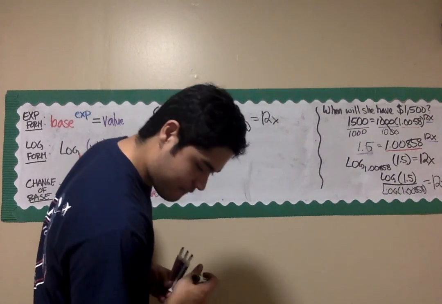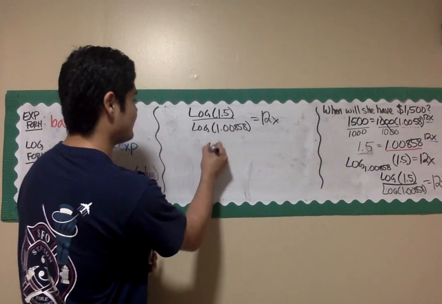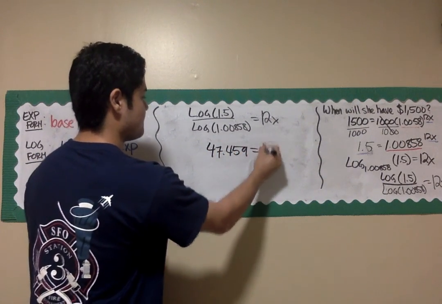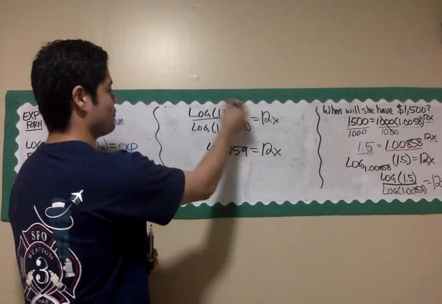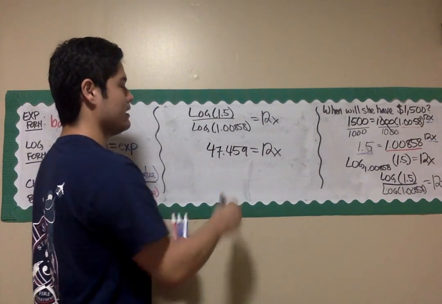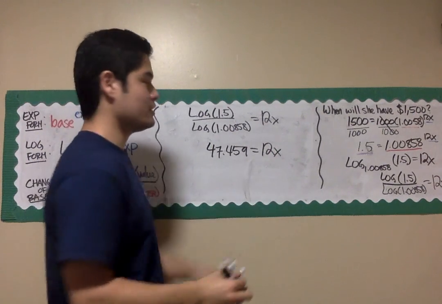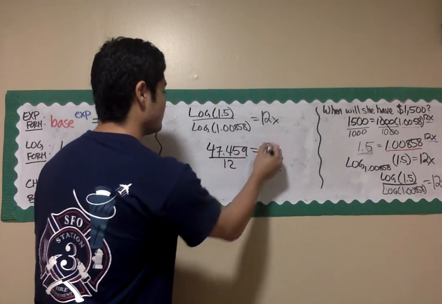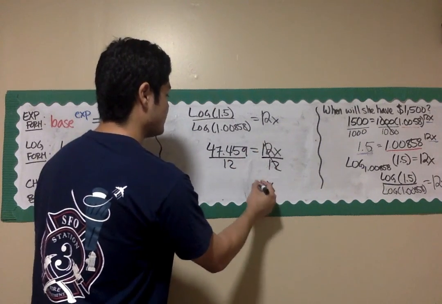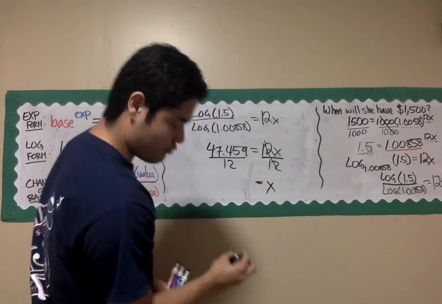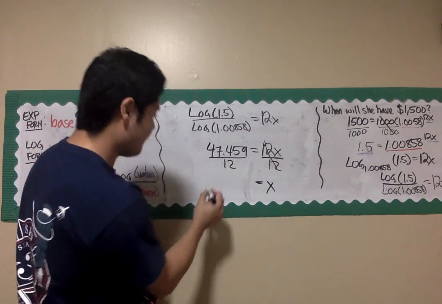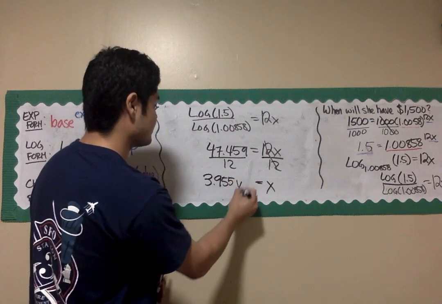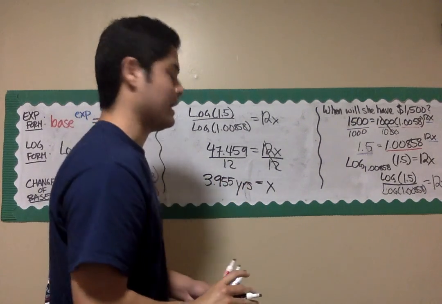I get 47.498. And now I want to solve for x, so I have to divide 12 on each side. And x is going to equal 3.955 years. And we're done.